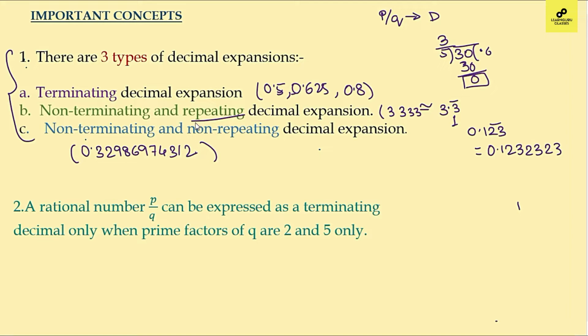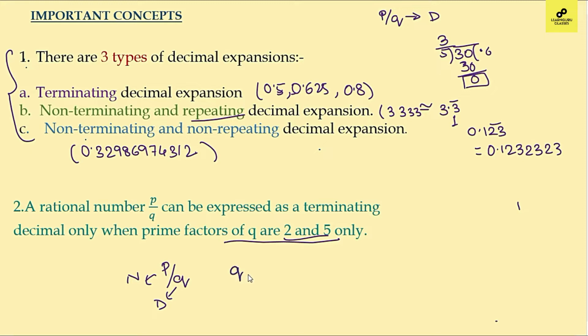Now second, a rational number p by q can be expressed as a terminating decimal only when the prime factors of q are 2 and 5. How to identify a terminating decimal expansion without actually performing the division can be done with this rule. Suppose any fraction is in the form of p by q, where p is the numerator and q is the denominator.